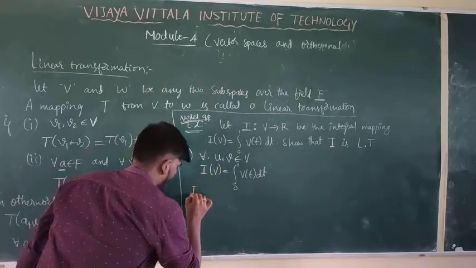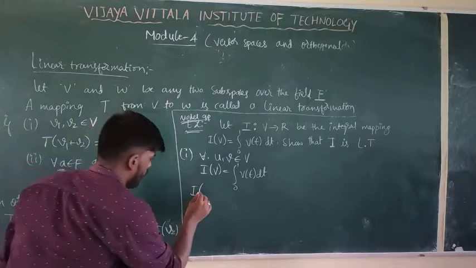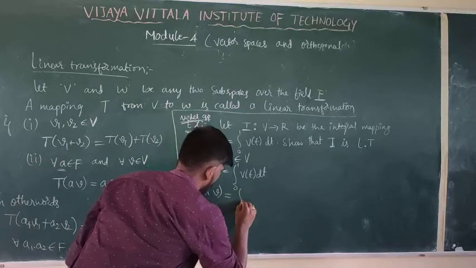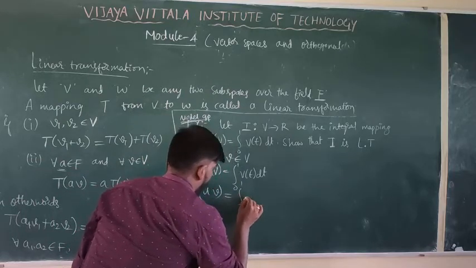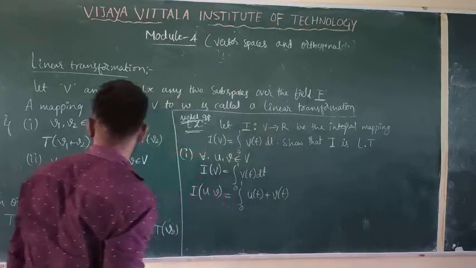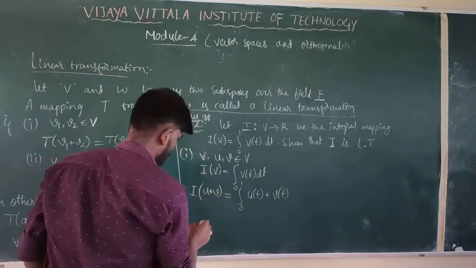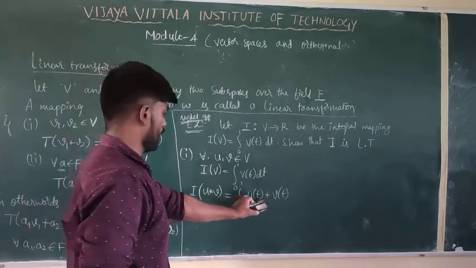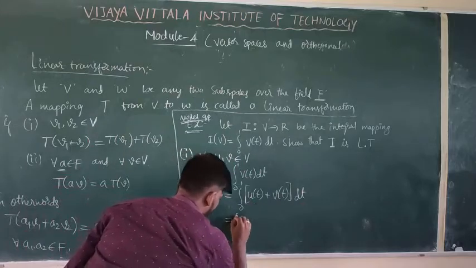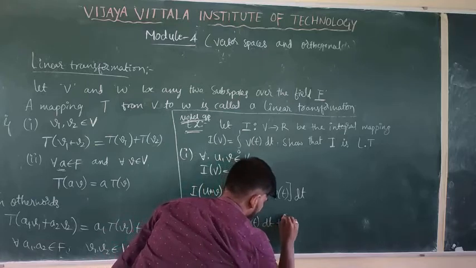Therefore, taking these two, I of u plus v is equal to the integral from 0 to 1 of u of t plus v of t, whole thing into dt, which is equal to the integral from 0 to 1 of u of t dt plus the integral from 0 to 1 of v of t dt.